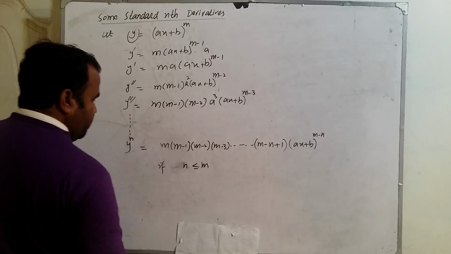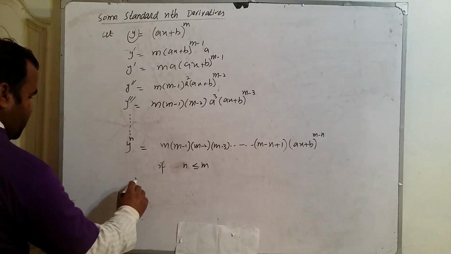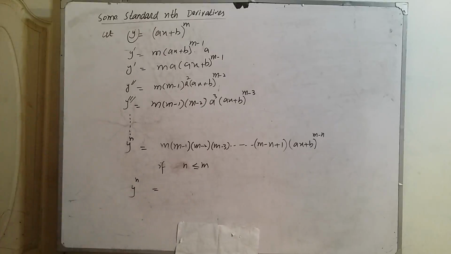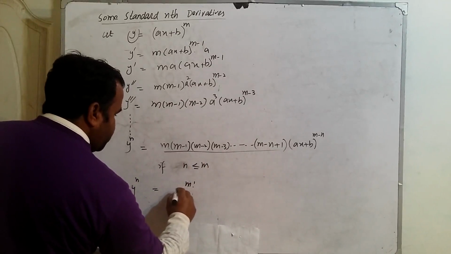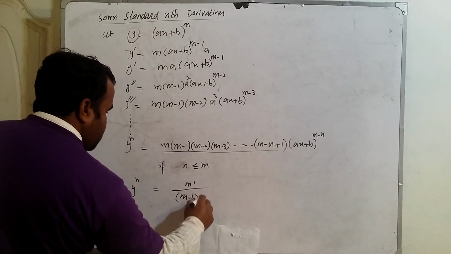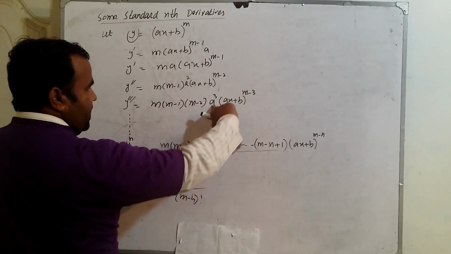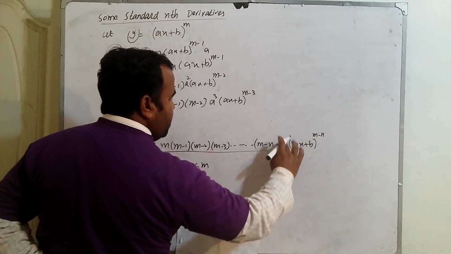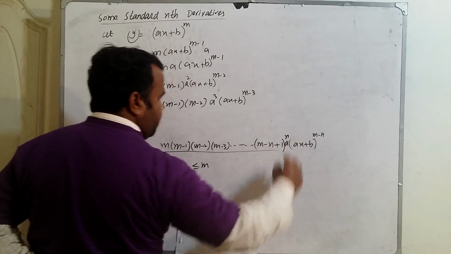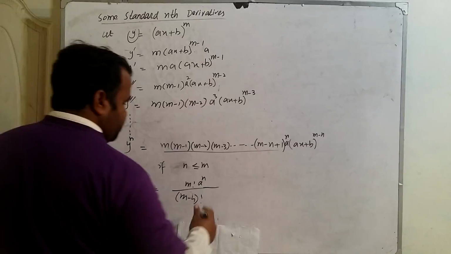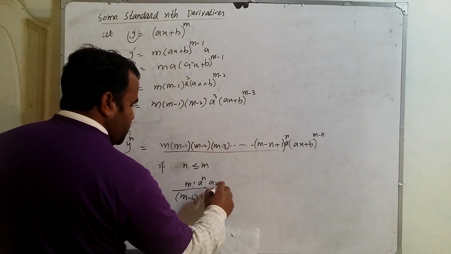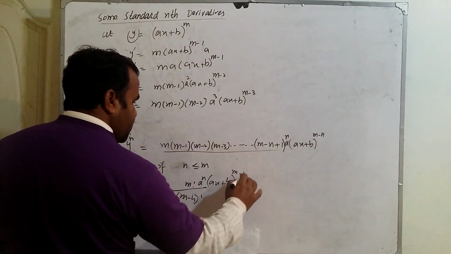If n is less than or equal to m, then the nth derivative will be equal to m factorial over (m minus n) factorial, times a raised to the power n, times (ax plus b) raised to the power m minus n.